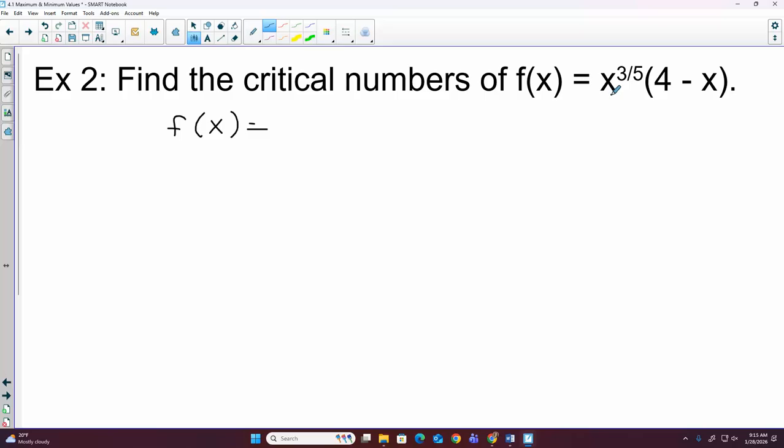Would you guys just jump in and do product rule? I would probably distribute first. Okay, this is like x to the first, so that's 5/5, so 8/5.